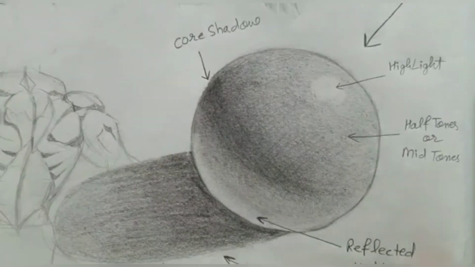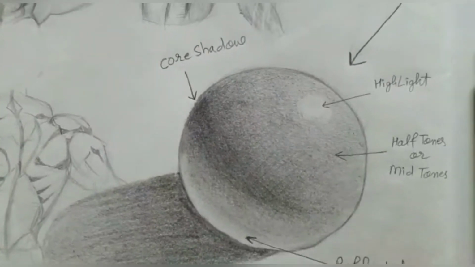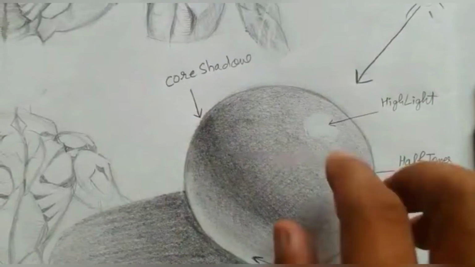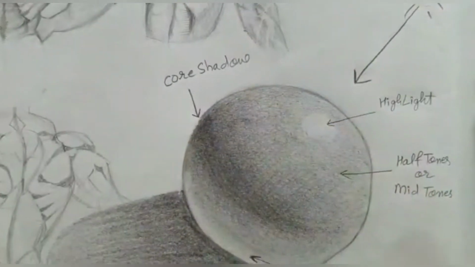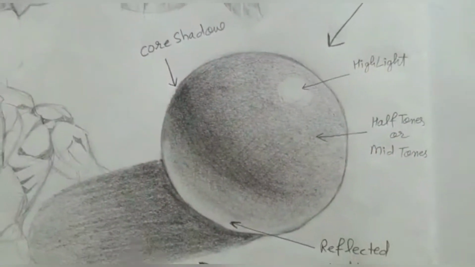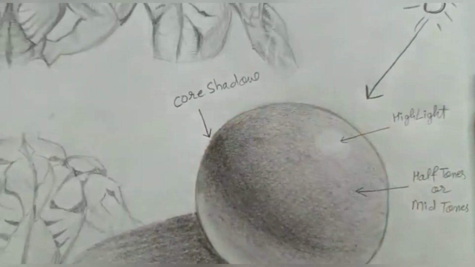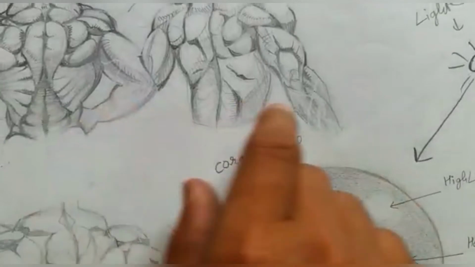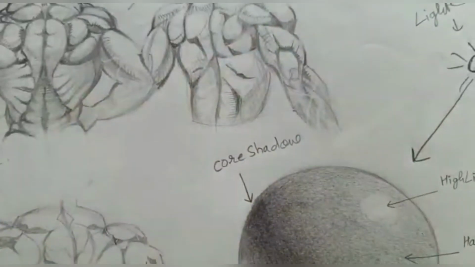Okay, first of all, I have drawn this very quick spherical tonal value, this sphere, for you all. Let's talk about the parts of this shadow. This is my very normal practice drawing book. You can see some bags and very complicated muscle groups.